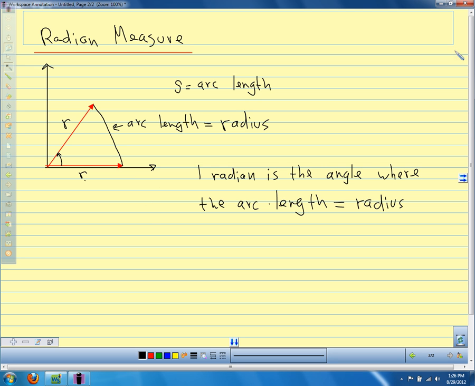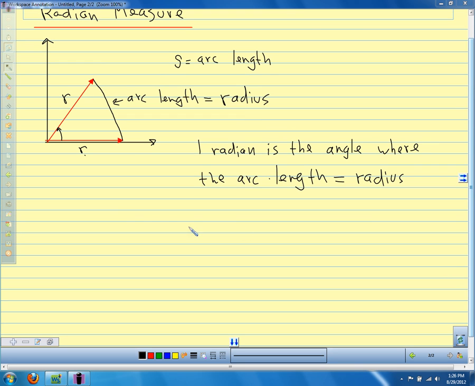So the way we're going to calculate this, the radian measure for a piece of a circle, if we're thinking about rotating around a piece of a circle, we write as S over R, or the arc length divided by the radius.